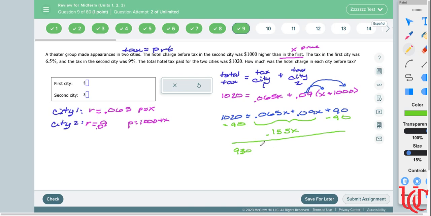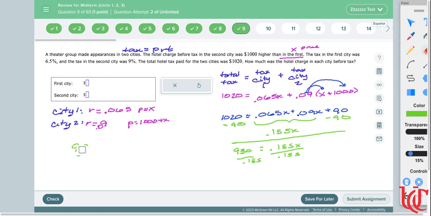Yep. Equals 0.155x divided by 0.155. All right, so this is the same thing as 9.3. Oop, it's getting crazy.